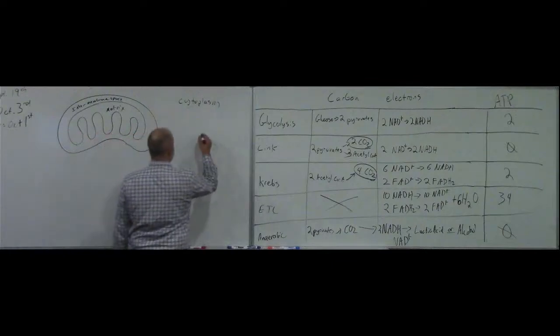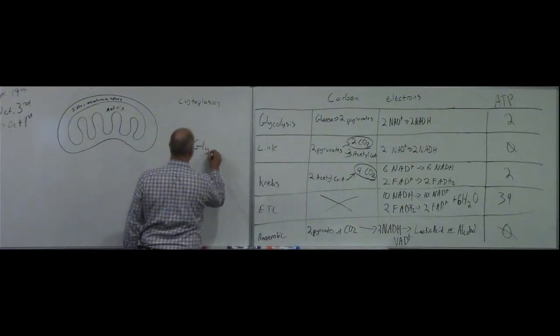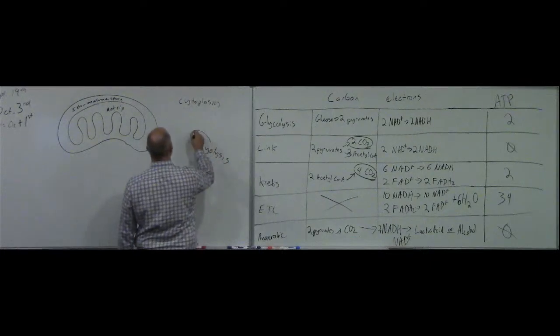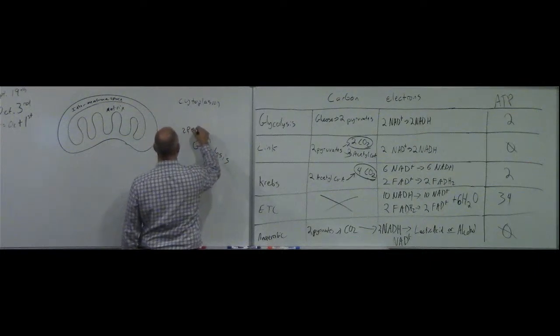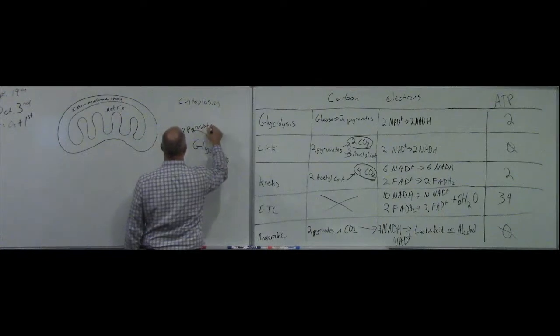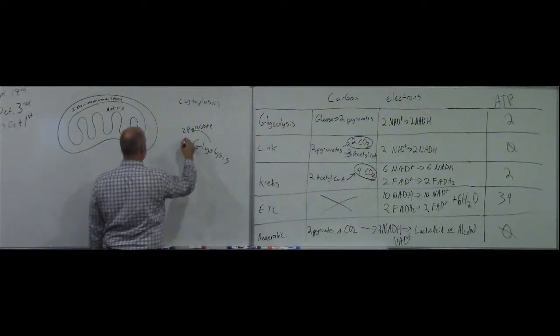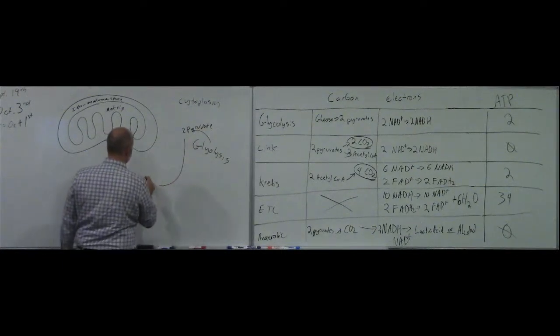My glycolysis happens out here, and it produces 2 pyruvates, right? And then from there, my 2 pyruvates go through another step called the link step.